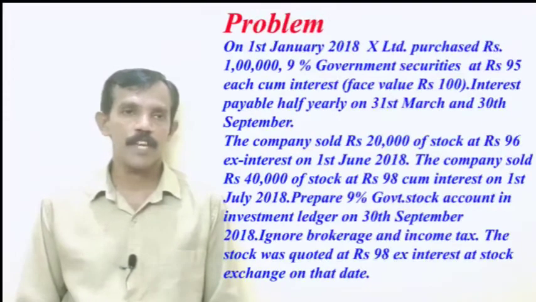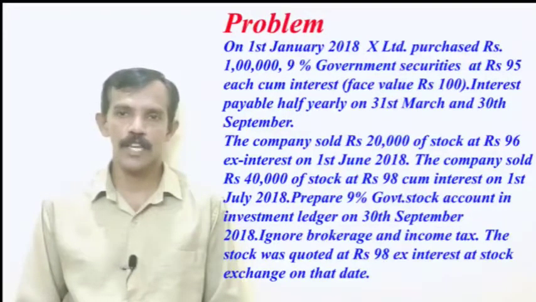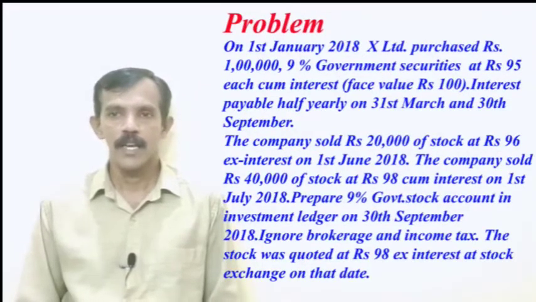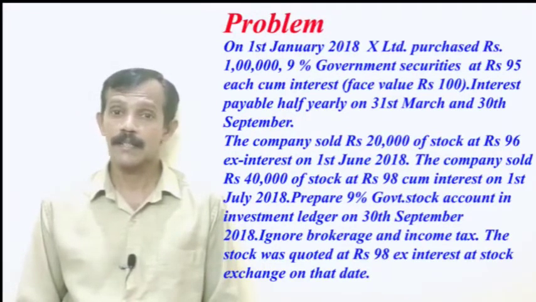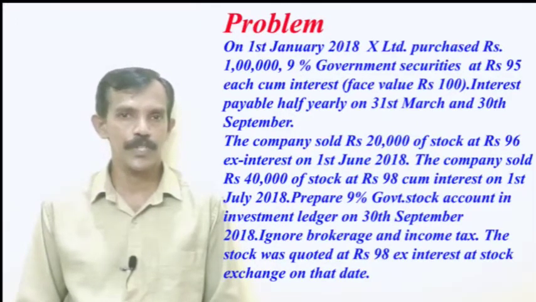On 1st January 2018, X Limited purchased rupees 1 lakh 9% government securities at rupees 95 each, cum interest. Face value rupees 100. Interest payable half yearly on 31st March and 30th September. The company sold rupees 20,000 of stock at rupees 96 ex interest on 1st June 2018.